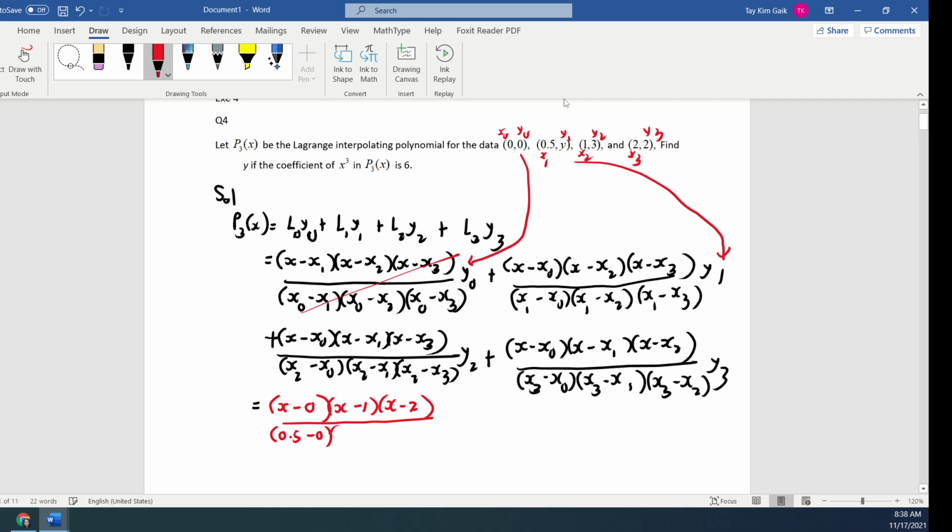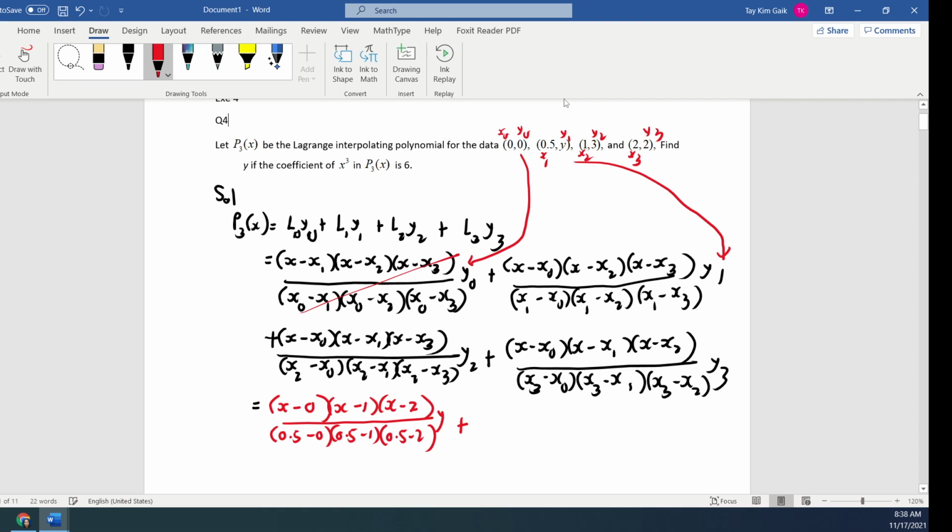So x minus 0, x minus 0.5, x minus 1, x minus 2, multiply y. Okay, check. x0 is 0, x2, this 0, 1, 2, then 0.5.